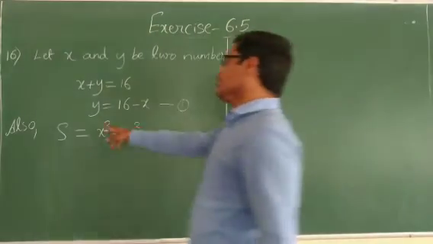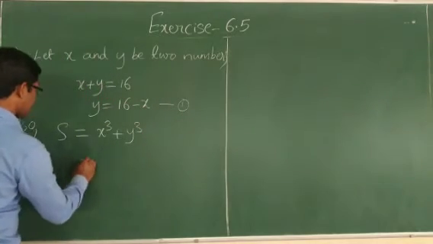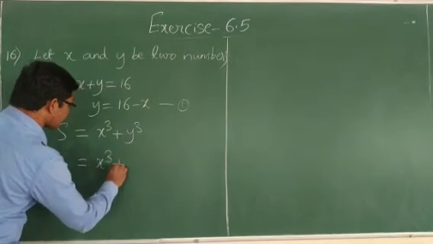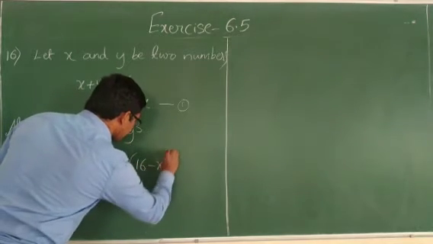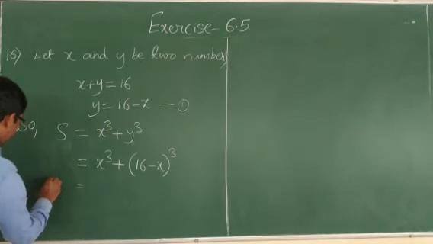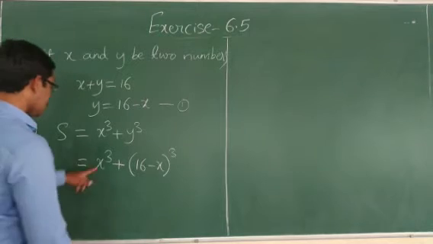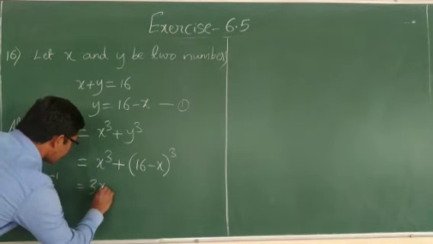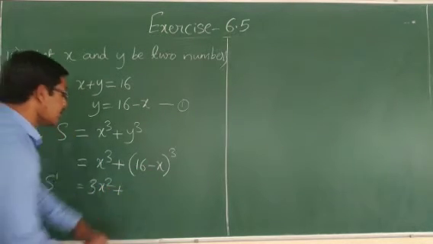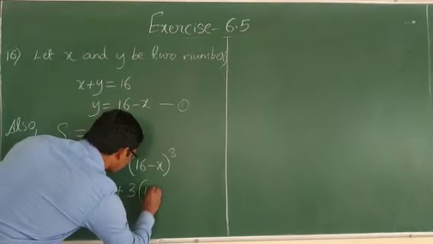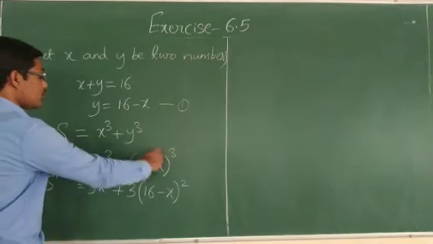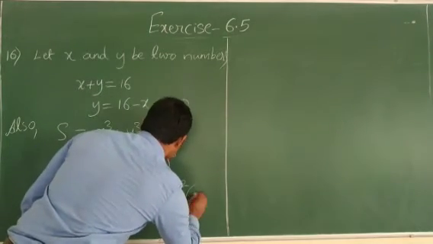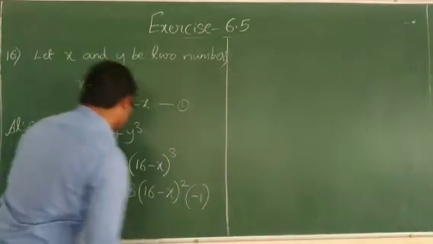So consider x cube plus y cube. We can write this as x cube plus 16 minus x whole cube. If you take the derivative, the derivative of x cube is 3x square, plus 3 into 16 minus x whole square into the derivative of 16 minus x, that is minus 1.